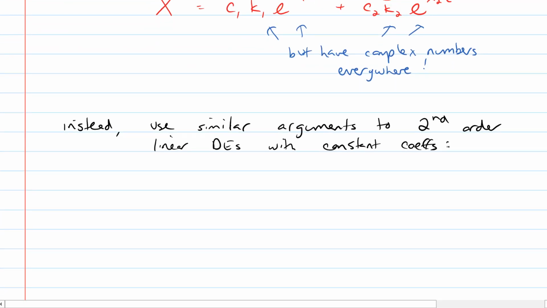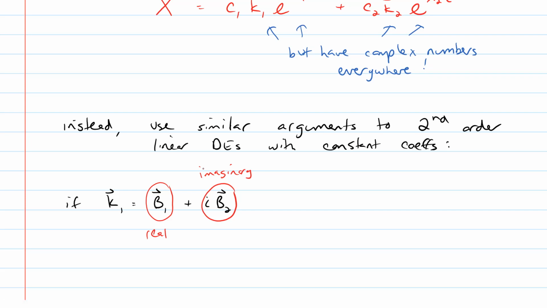So in a very similar way, we say our vector k1, for example, is equal to a combination of a real vector and an imaginary vector. So this whole part is the real part, this whole part is the imaginary part, where b2 itself has only real components, but multiplying by i makes it into the imaginary part.